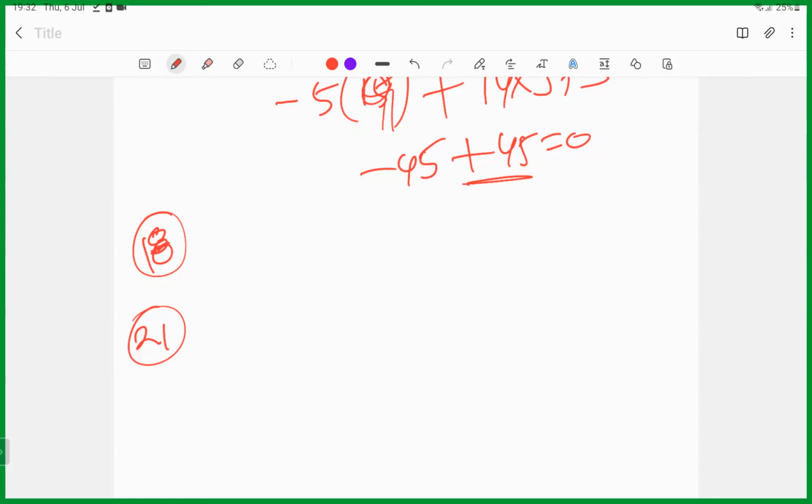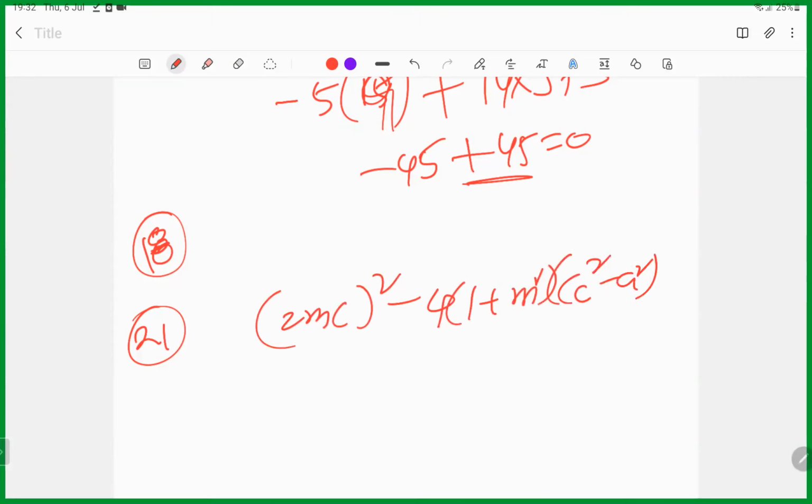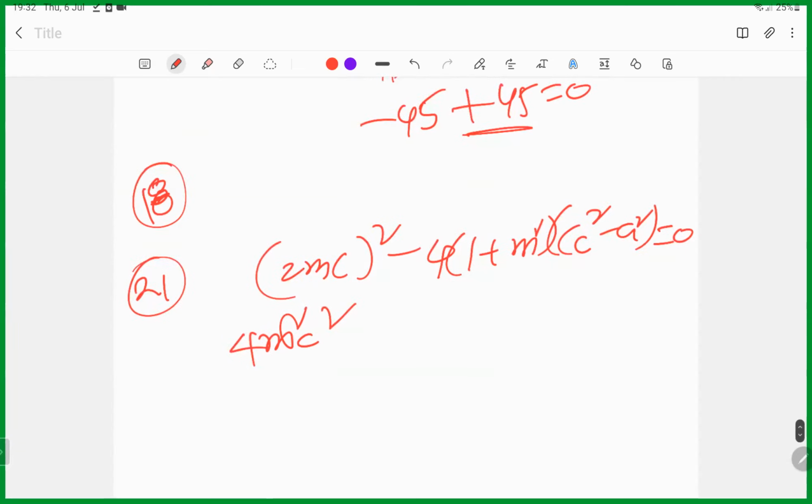What is the difficulty there, Princey? So what is b square here? 2mc whole square minus 4ac is 4 into 1 plus m square into c square minus a square. Okay. So 4m square c square equal to 0. Because they are saying has equal roots.